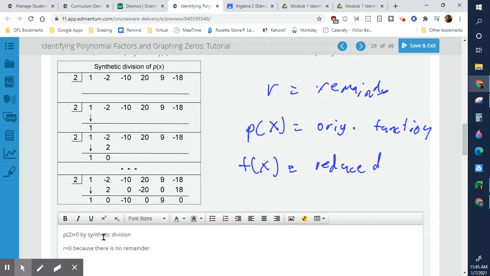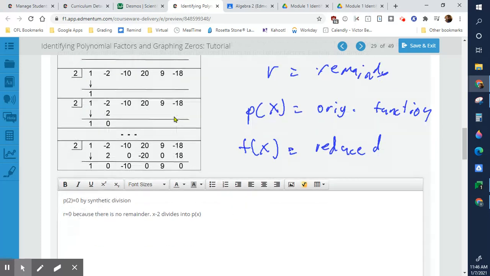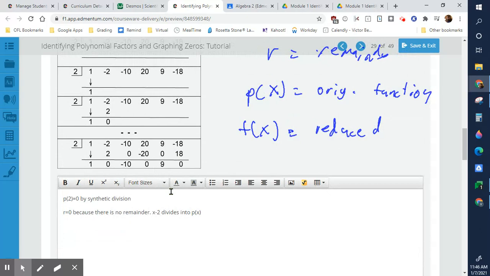And then our function. Remember, we always start from the right and go to the left. It's a little backwards that way. So we're going to start off with 9 as our constant. And then we're going to have 0x, so we're going to put that 0 there. And for the next one, we have this negative 10, so it's negative 10 x squared.